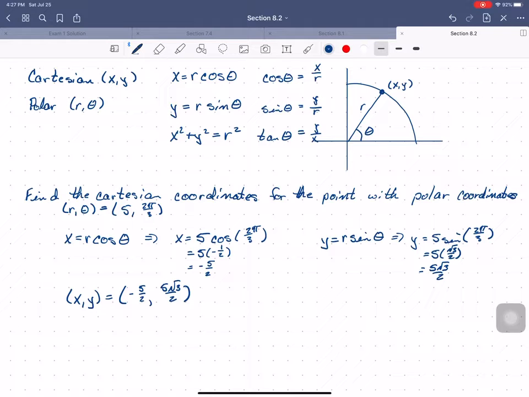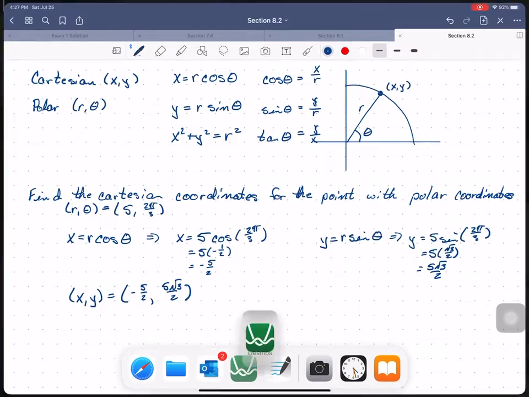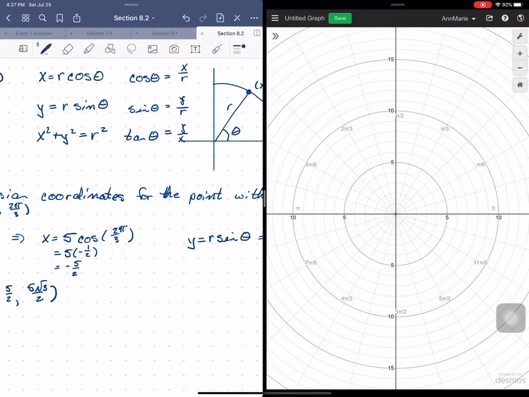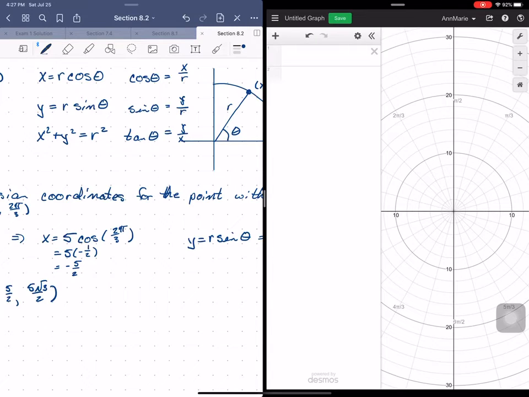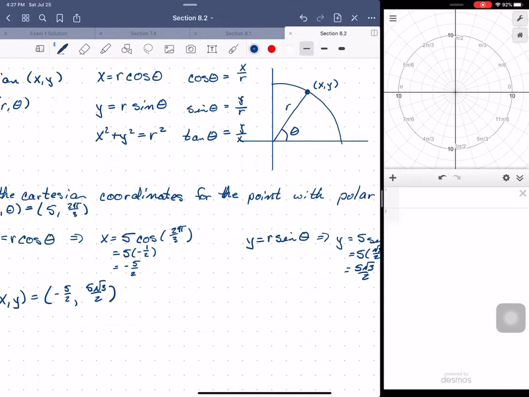All right, so now let me show you something about Desmos. Desmos will gladly display a polar coordinate grid for you.